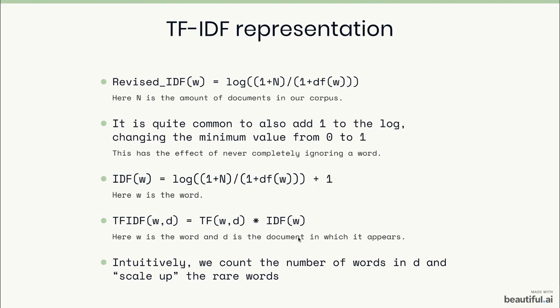So by multiplying by the IDF, if your word appears in all of the documents, we're simply multiplying by 1. We're not changing the term frequency at all. But if the word appears in fewer documents, we are assigning a larger weight to the term frequency. So you can think of this intuitively as we count the number of words in the document, and then we scale up the rare words.